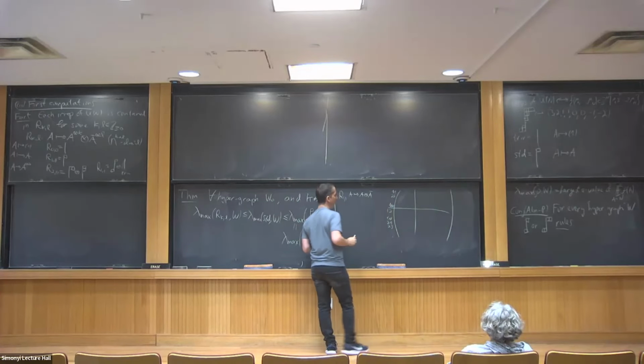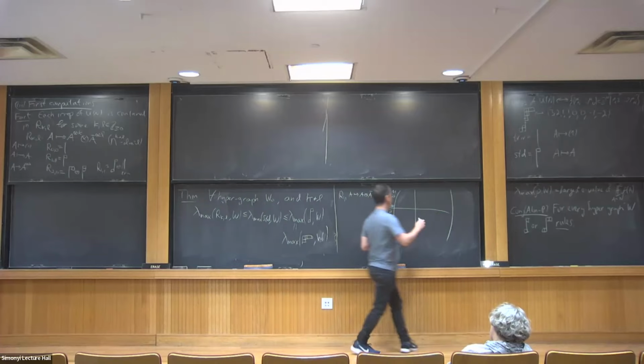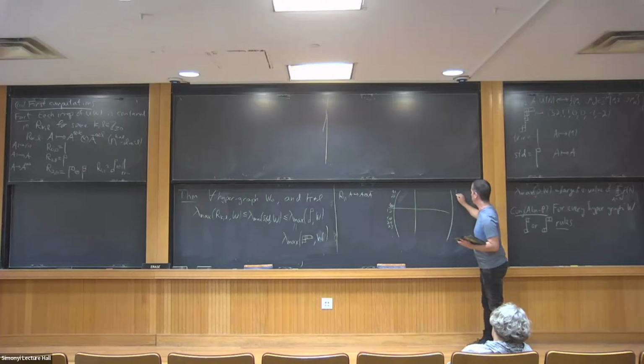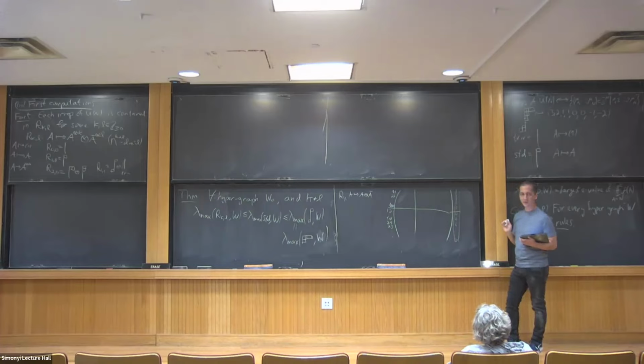You're talking about the expectation of this? Yeah, the expectation. So first of all, the trivial one is this one. If you just put ones here and zeros here, this is the subspace that is spanned by this vector. This is the one-dimensional representation that corresponds to the trivial representation.